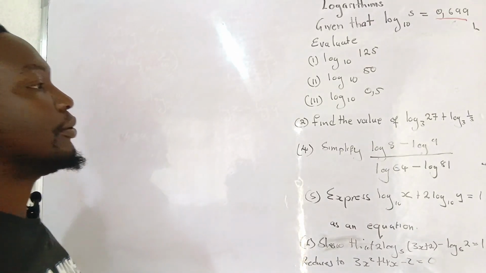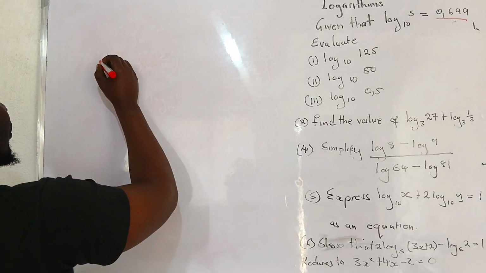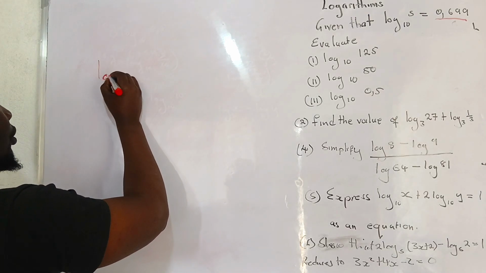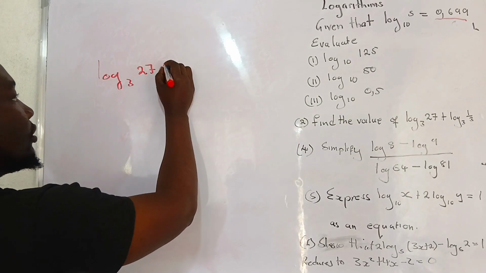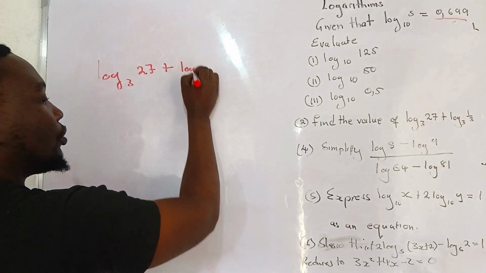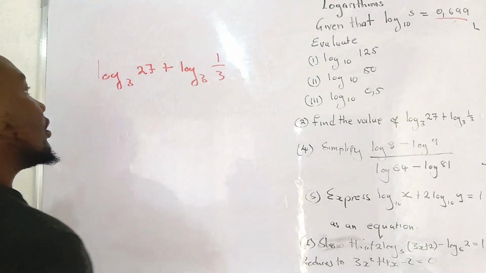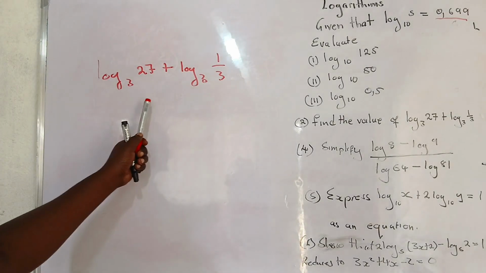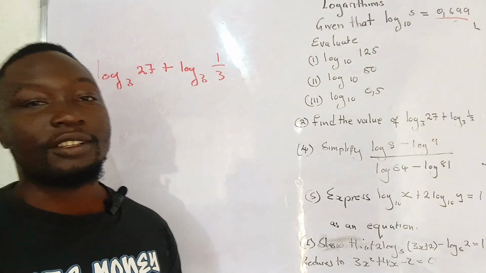Find the value of that expression. So you have log base 3 of 27 plus log base 3 of 1 over 3. You have to find the value of this expression. What's the difference between an expression and an equation?